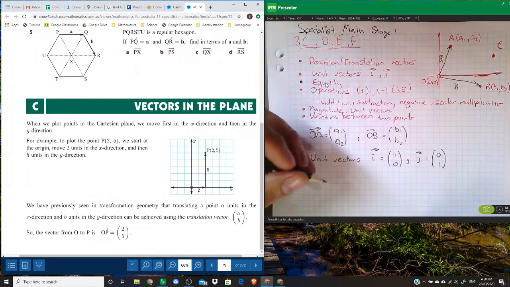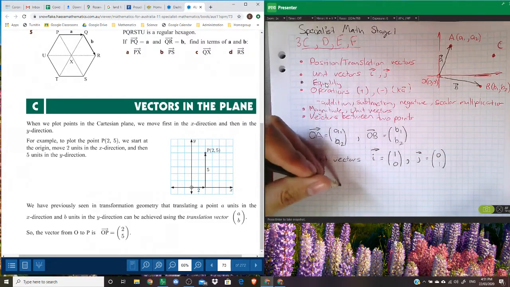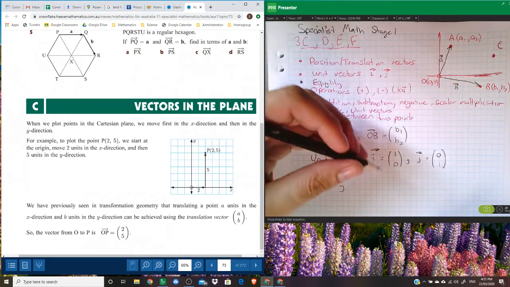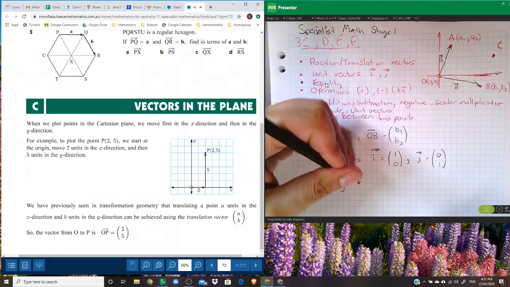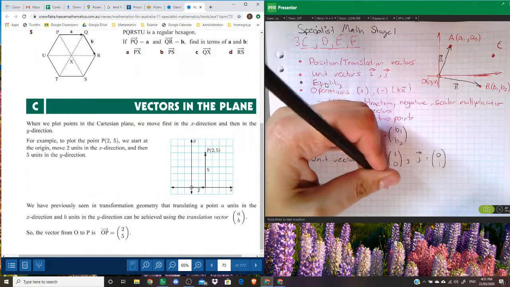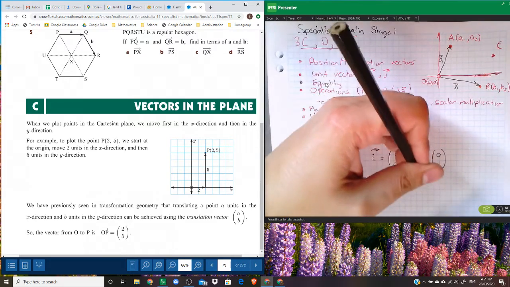So equality. Okay. If we say, for example, that OA is equal to BC, that means that BC must equal the components.